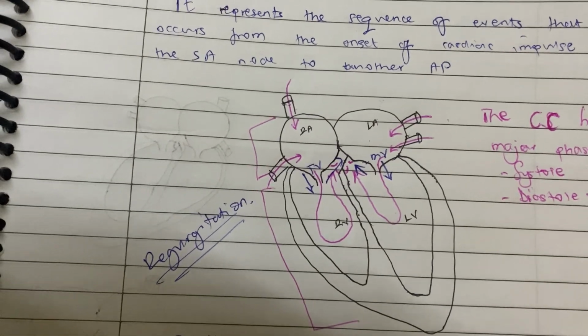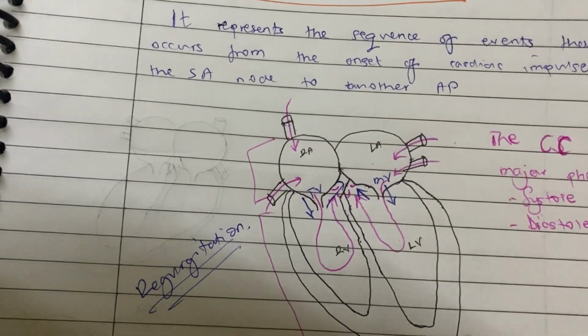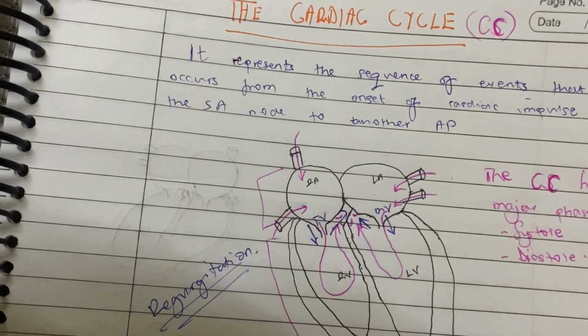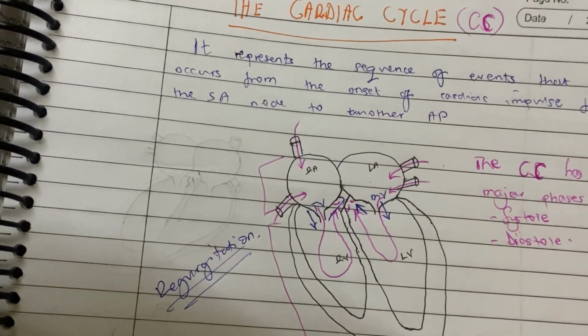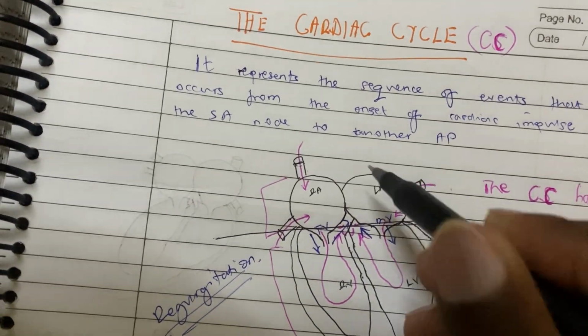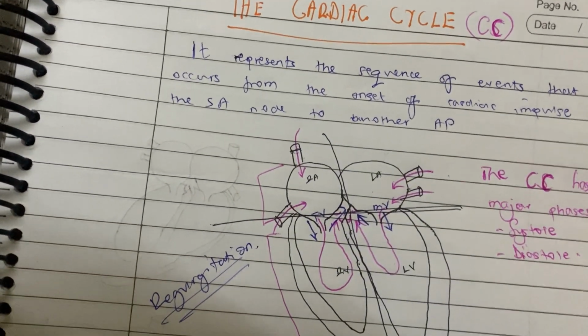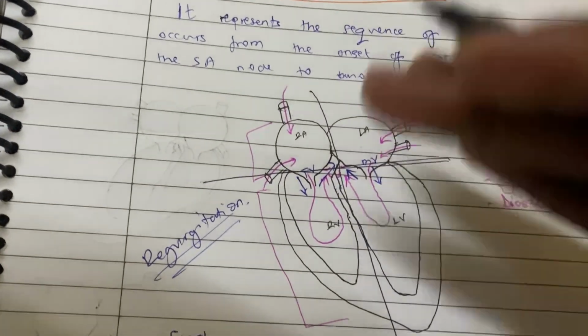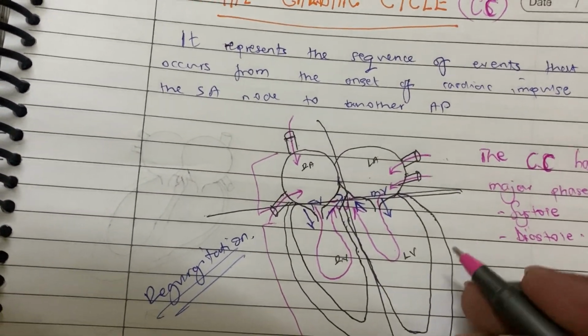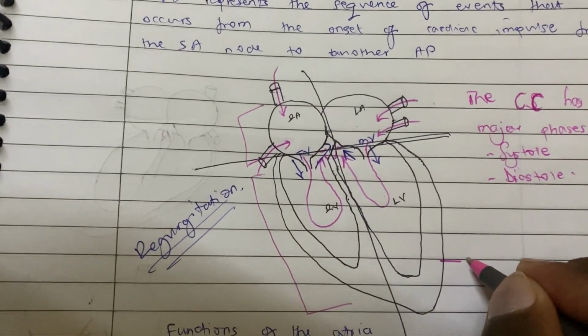And of them, the most important pump is the left-sided pump. We can divide the heart into this and then this, the right upper and lower, and then left and right. The most important side is the left side.